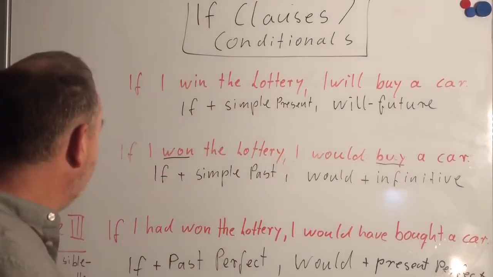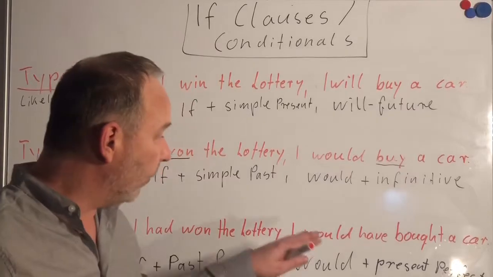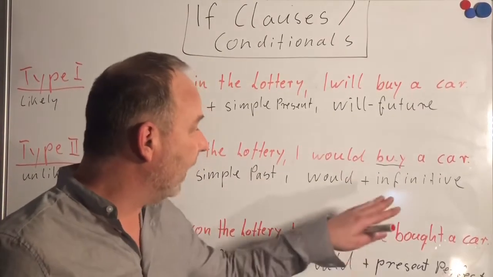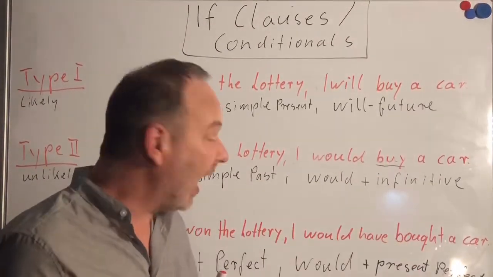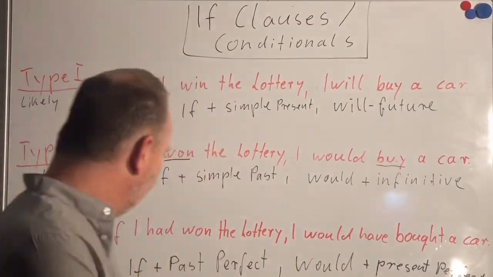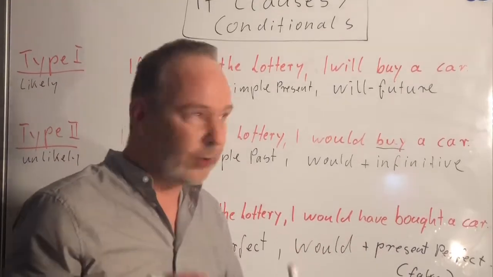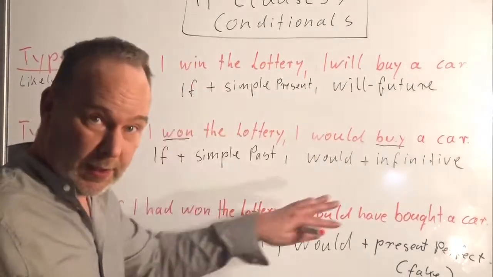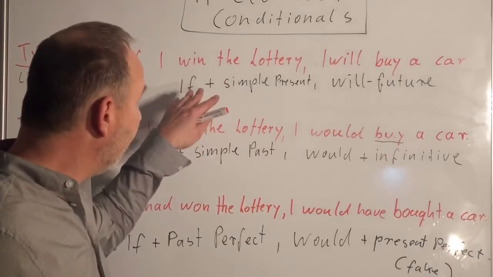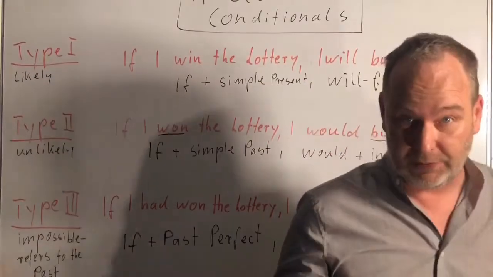And in type 3, if and the past perfect always goes together with the would, the have, and the third form of the verb. I like to call it would present perfect. Just kind of easy to remember. If past perfect, would present perfect. Always goes together. We don't mix them up. Yeah, we don't use this if and simple present with the would and fake present perfect, for example.